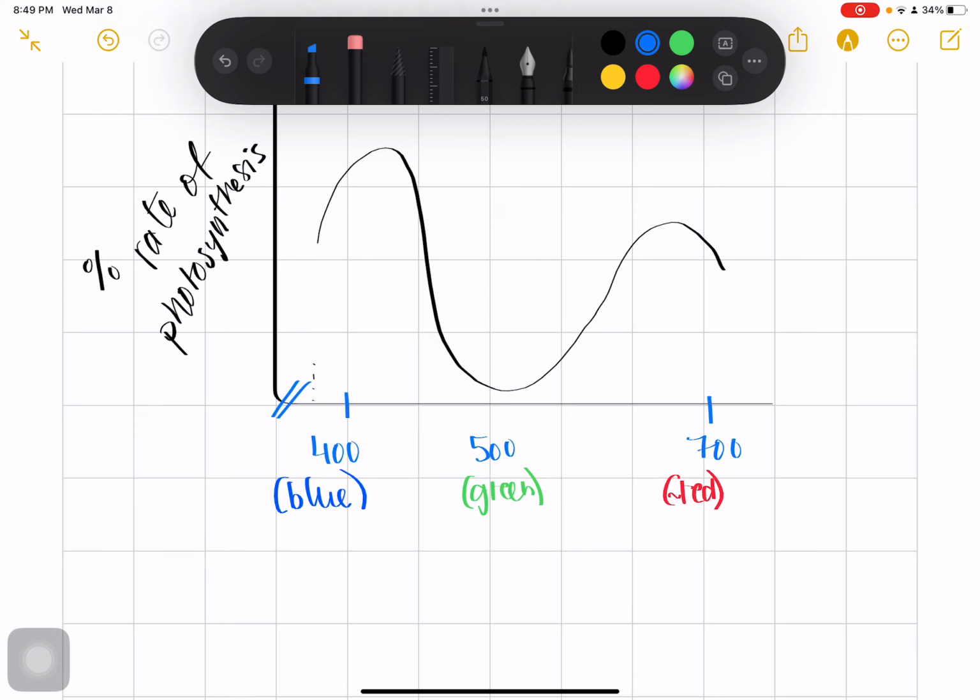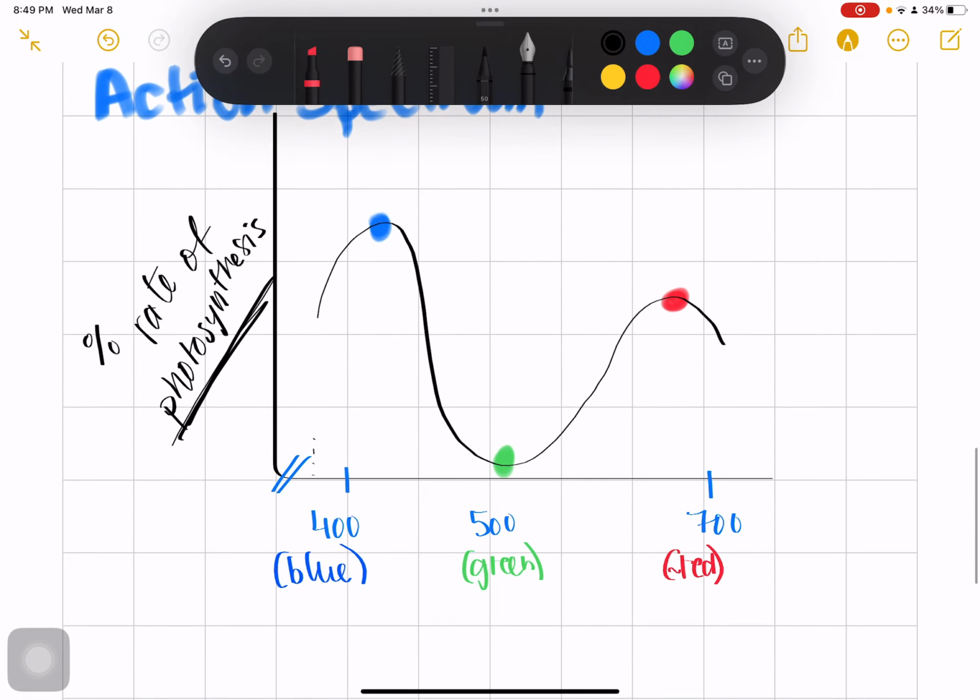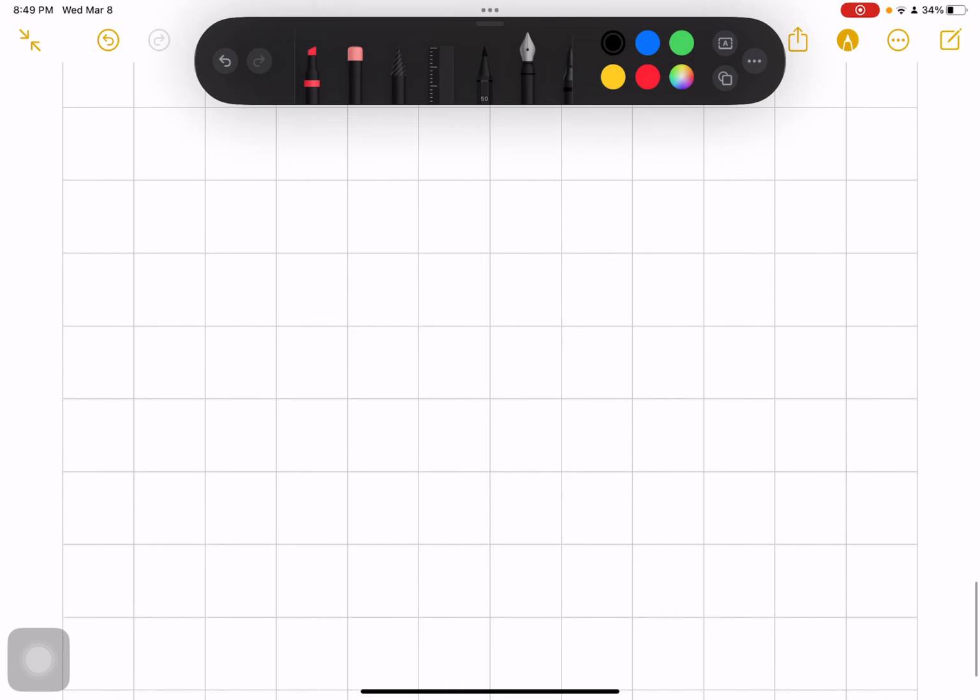Repeating myself again, we're going to peak at blue. We're going to trough at green, and we're going to have a second, smaller peak at red. For the same reasons, same leaf, but this rate of photosynthesis relies on the amount absorbed. That's why these two spectra are very similar.